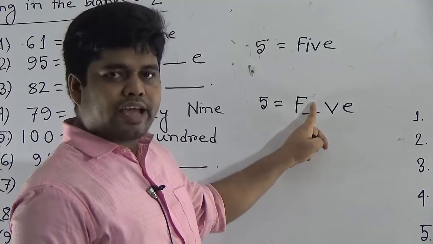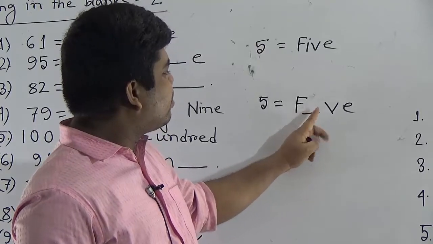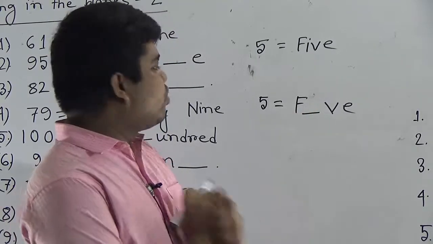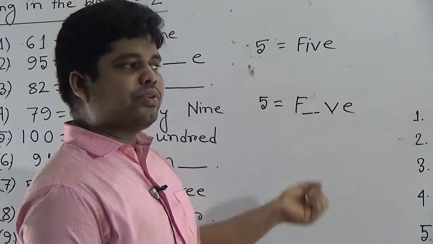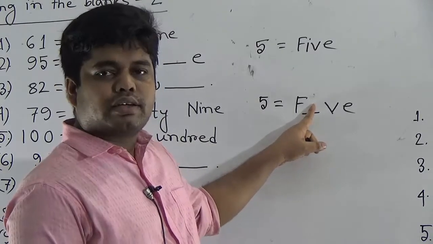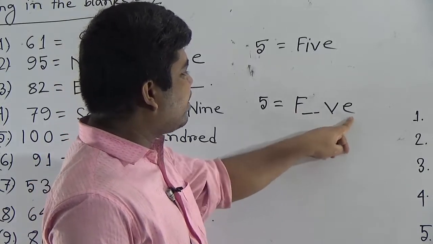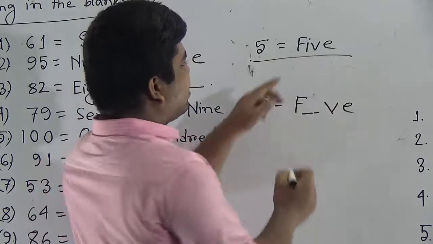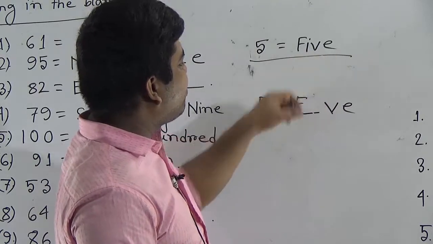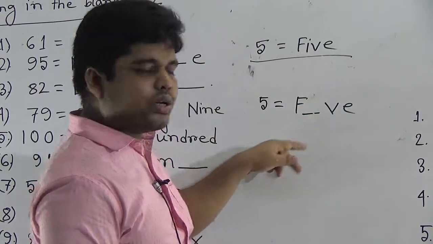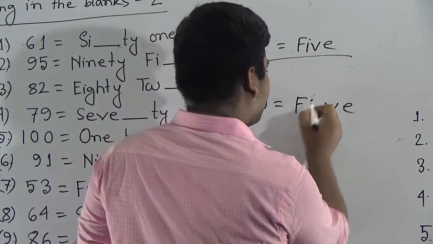We need to find out which letter is absent and put that letter in the gap. That means F dash VE. Please notice here FIVE, but here I is absent, so we write I.